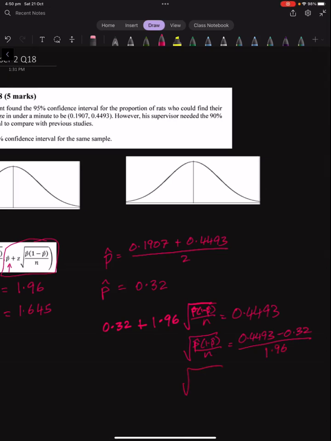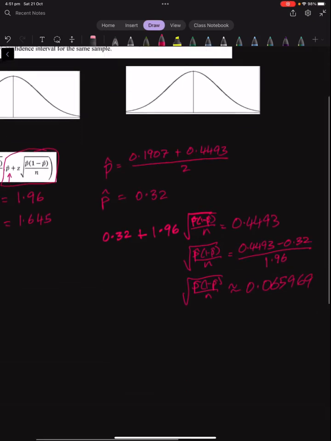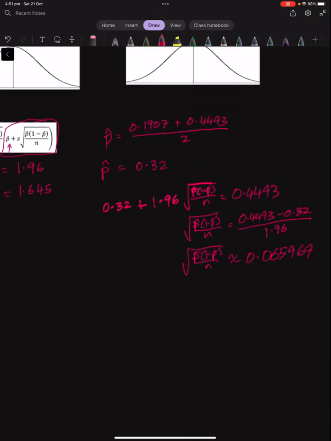And so this particular value, the square root of p-hat 1 minus p-hat divided by n, is approximately equal to 0.065969. I wrote this on a little mini whiteboard before I recorded it for you, and I hope that I can read it correctly because it's all been mostly rubbed off. But that's okay, that lets me find that.